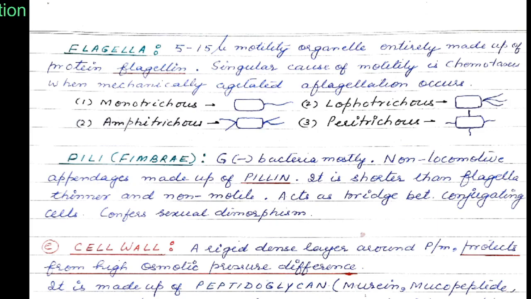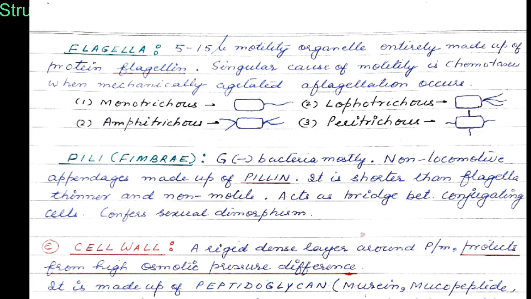When both ends of the bacteria have flagella, it is called amphitrichous. And when all the sides of the bacteria have flagella, the condition is termed peritrichous. So flagella have only one function to perform, which is motility in the liquid medium.